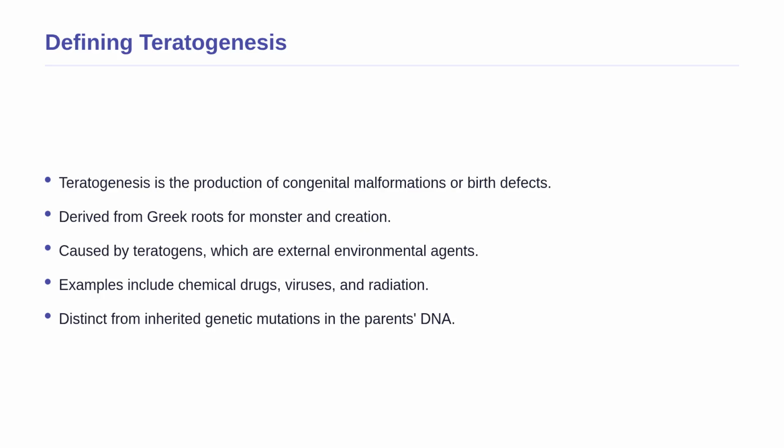A teratogen is any external environmental agent that causes these abnormalities. This could be a chemical drug, a virus, or even radiation. It is very important to note that unlike genetic mutations, which are inherited from the parent's DNA, teratogenic effects are strictly caused by these outside factors, interfering with normal development.